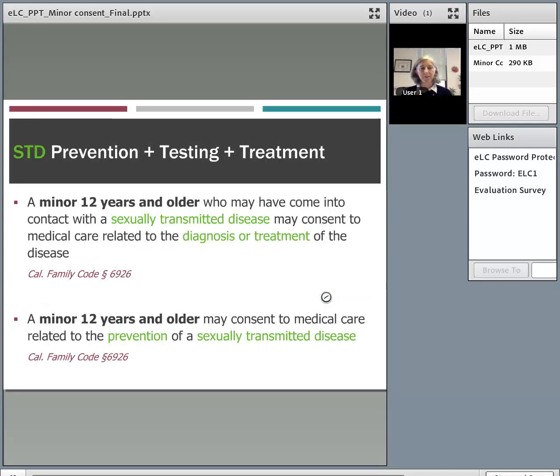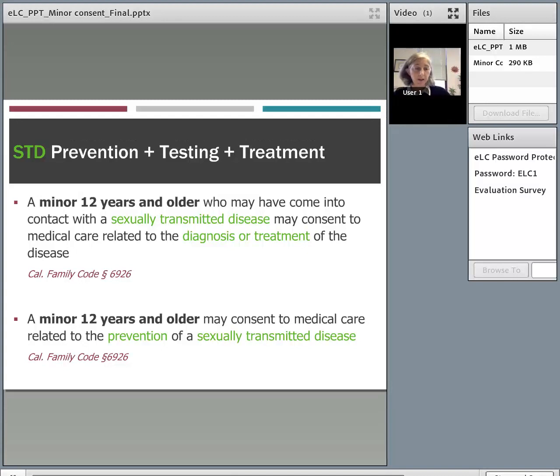So first, for sexually transmitted infection and sexually transmitted disease, California law, and again, this has been on the books for probably 50 years, a minor 12 and older who may have come in contact with a sexually transmitted disease may consent to any medical care related to diagnosis or treatment, as well as to the prevention of sexually transmitted disease, and this includes any STI that's listed, or any communicable disease that's listed with the Department of Public Health as a communicable disease.